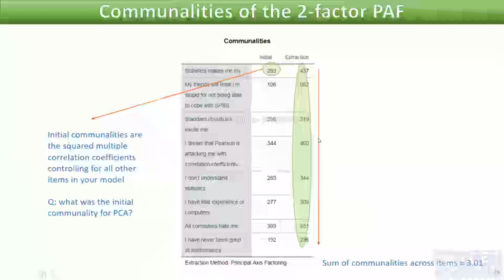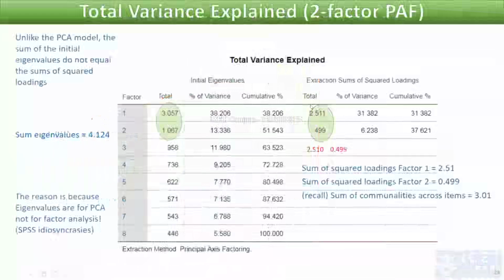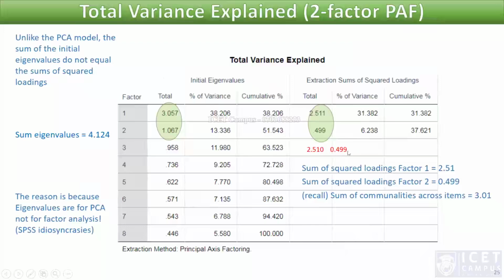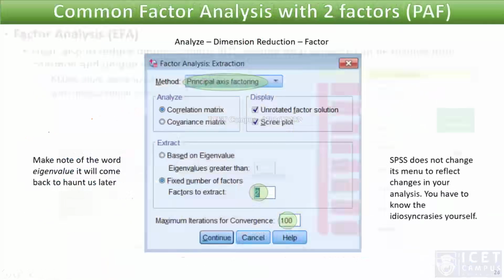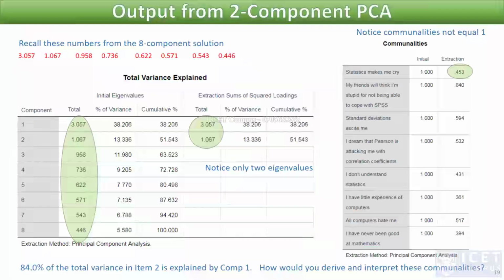Again, here we decided to reduce to two factors. So this is the two, right? So what are the earlier values? Yeah, these are the earlier values.